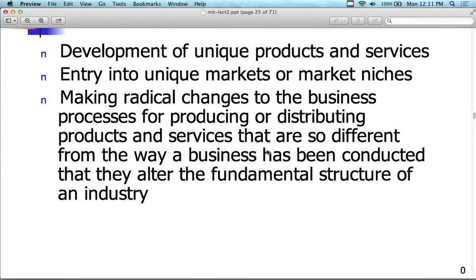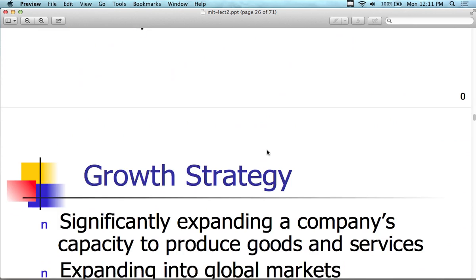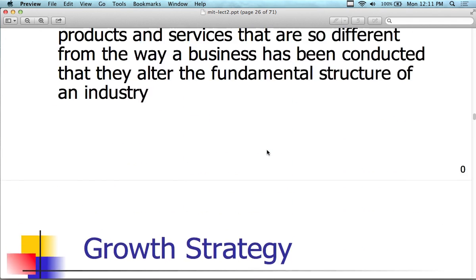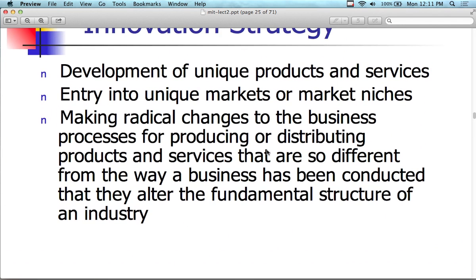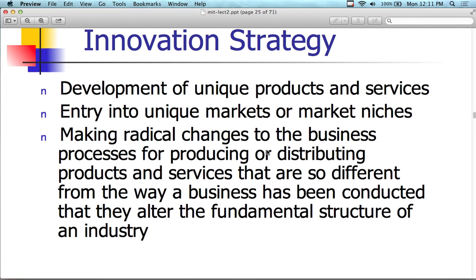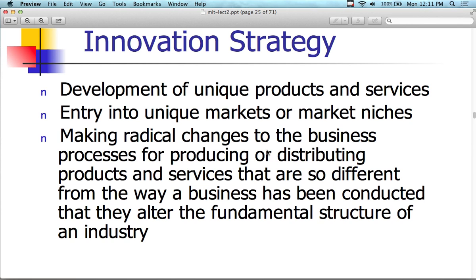So making radical changes. Also, selling new products and services. Actually, the recent radical change in the cell phone market, most people know this one already, get rid of the upgrade cost. So I think T-Mobile did that, you know. We want a new phone.